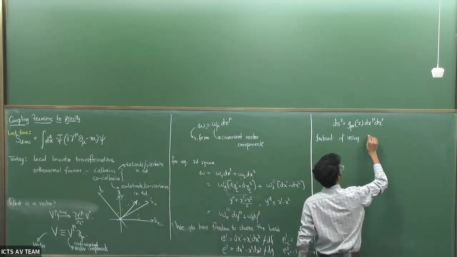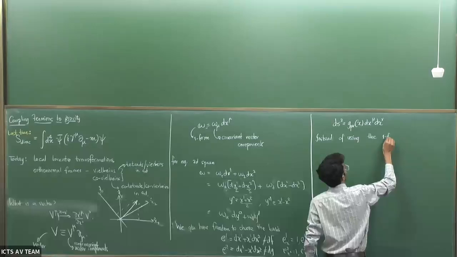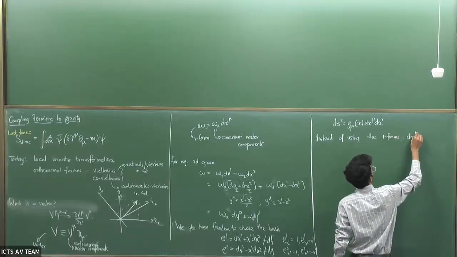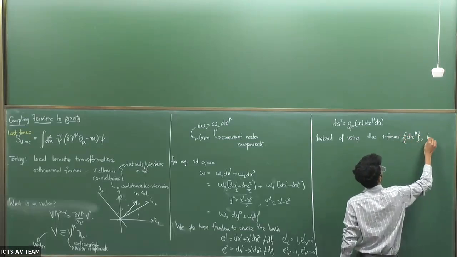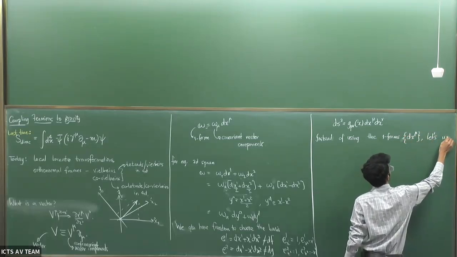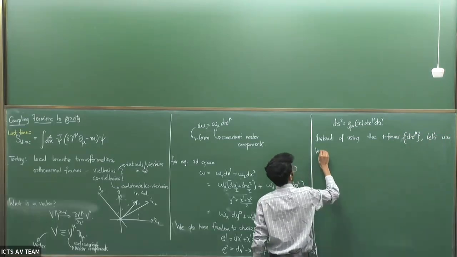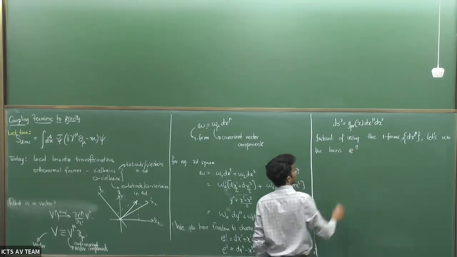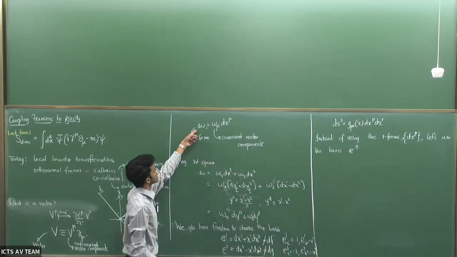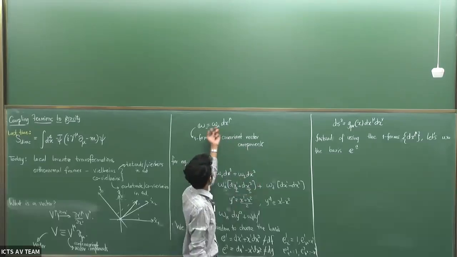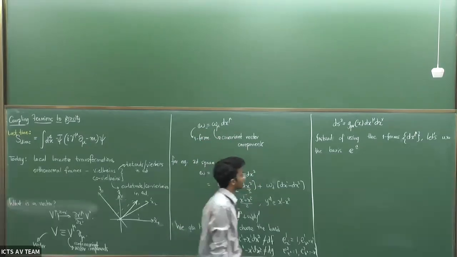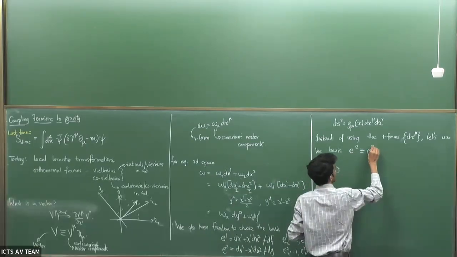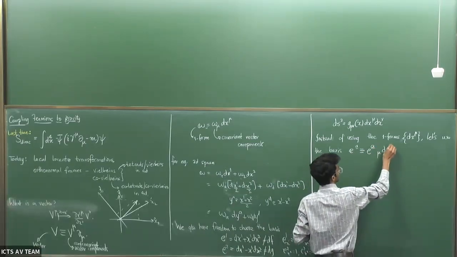So instead of using the one forms dx mu, let's use the basis E^A. I will always denote one forms with this additional line. That will be a one form, and the components will not have that line. So E^A is really a one form. So E^A looks like E^A_mu dx^mu.